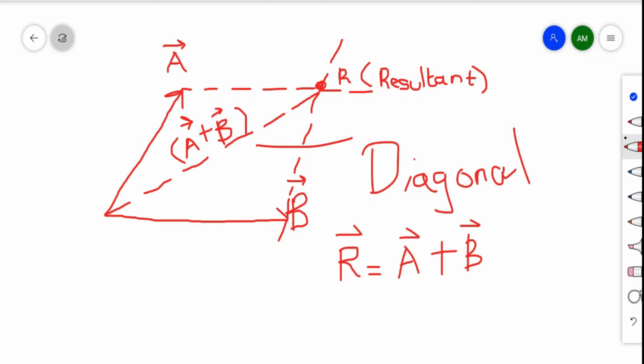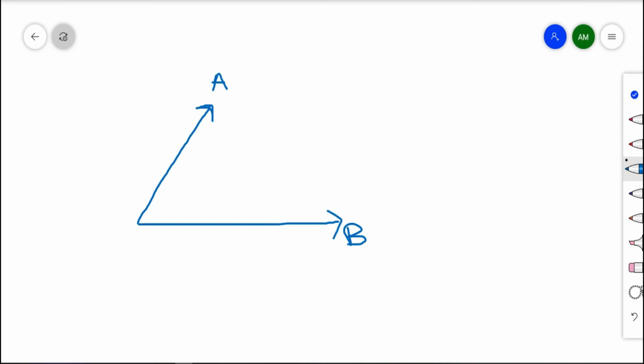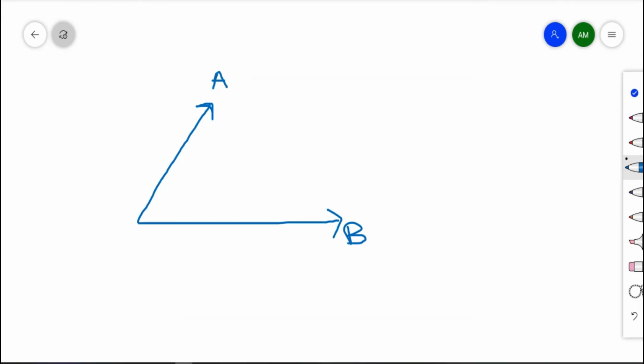The next method to add two vectors graphically is the tip to tail method. To explain the tip to tail method, I take the same diagram. So we have two vectors A and B, and we are supposed to add them and find the resultant. Notice that both tails are together. So we are going to move one vector to the tip of the other vector, without changing the magnitude or the direction.